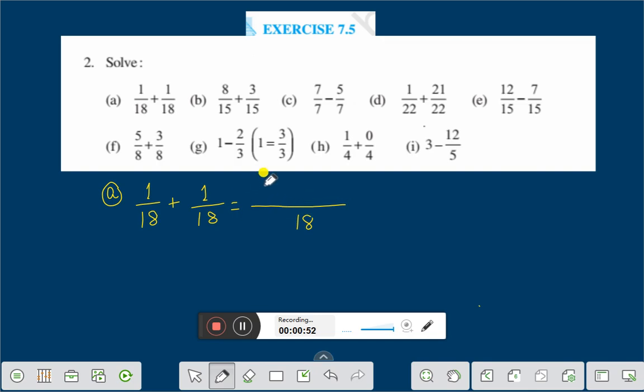That means 1 plus 1 is 2 by 18. 2 by 18 is the answer. The denominator is same, therefore 1 plus 1, that is 2 by 18. This is the answer of question number A.